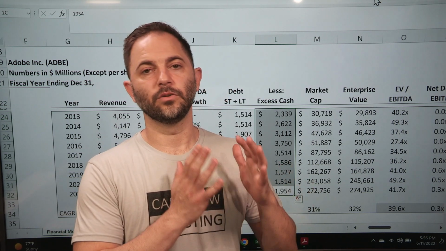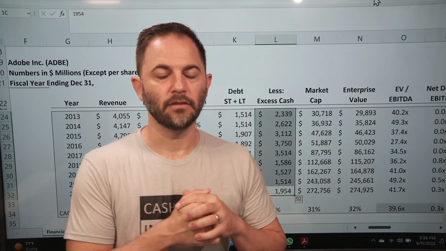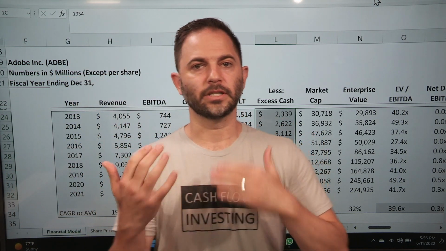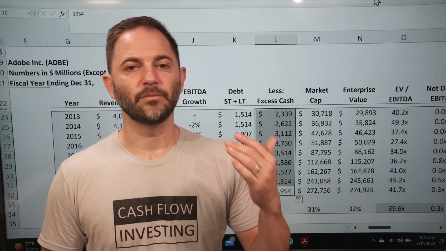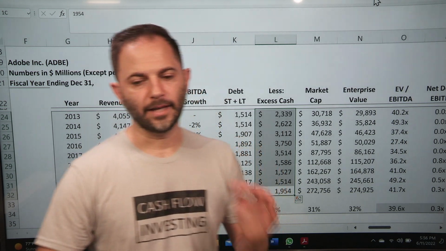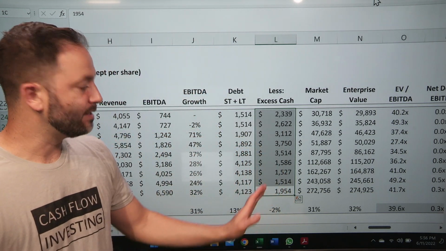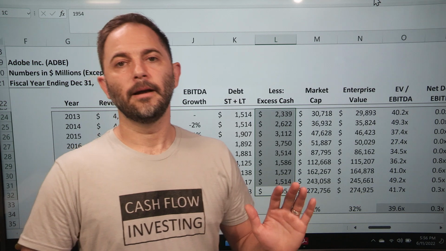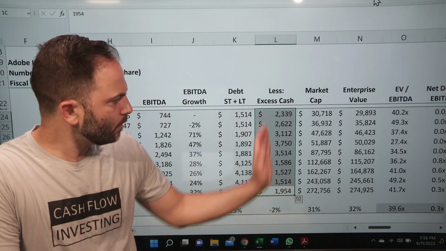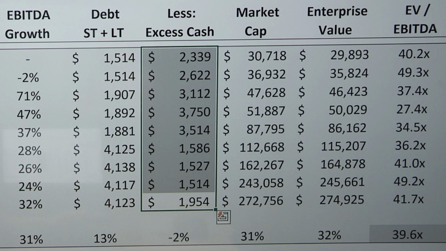They just lump it all into one giant cash bucket, in which case I will look back and see what the cadence of the business requires, what's kind of the working capital, and make an estimate of how much they should hold, and then any excess I'll manually take out. That's how sometimes that number differs. It's definitely a personal call. There's no real formula here. So $2.3 billion to $2 billion, it's kind of flat over that period of time.